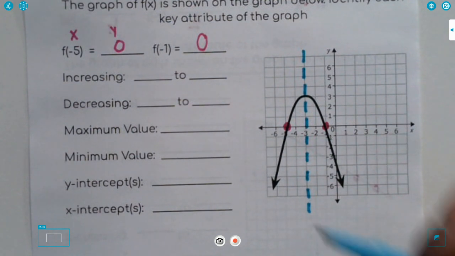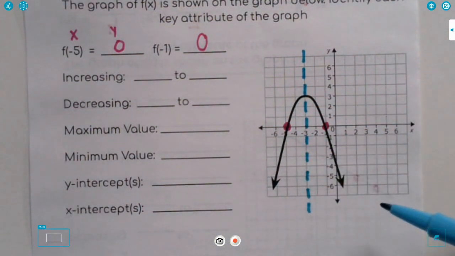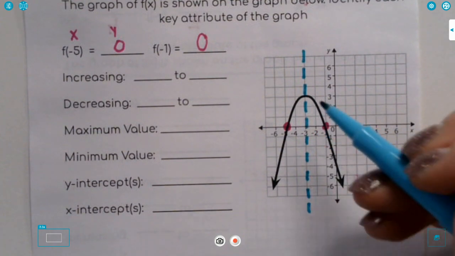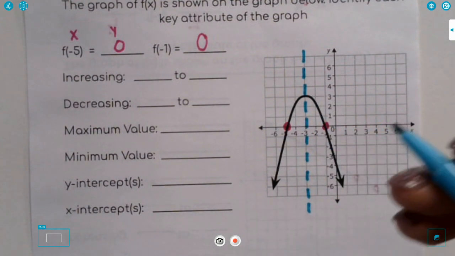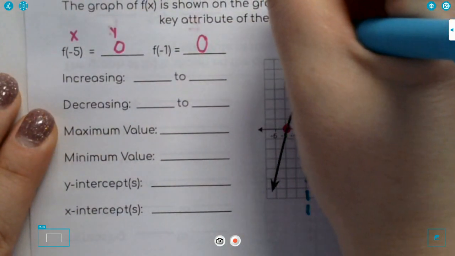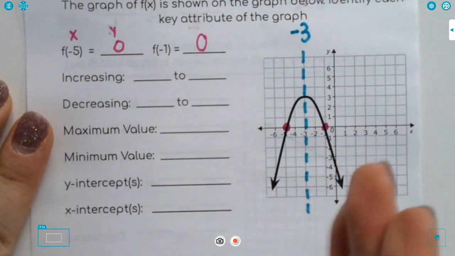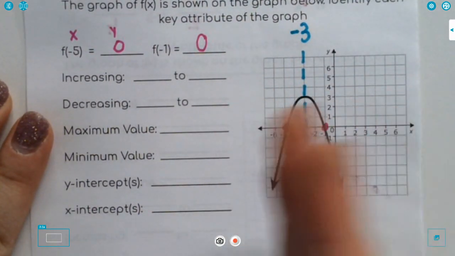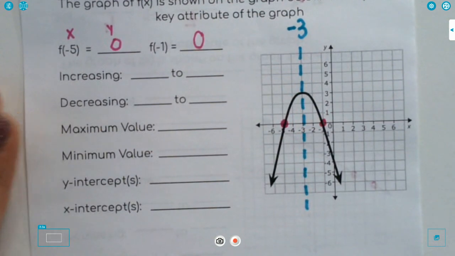That's where we switch from going up to going down. That happens at -3 because we want the x value, because we're reading from left to right, so that's our x's. We switch at -3.